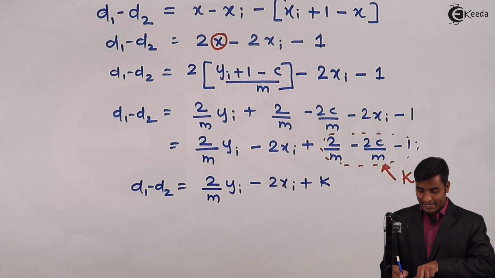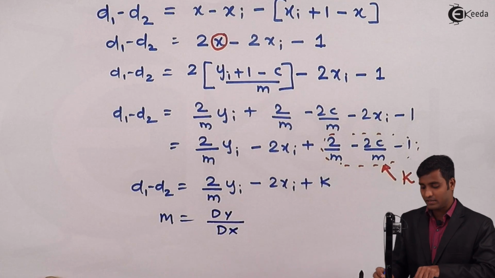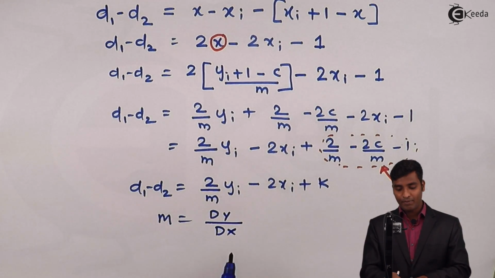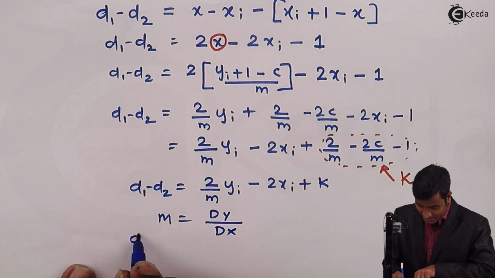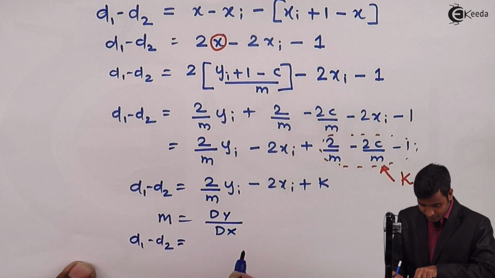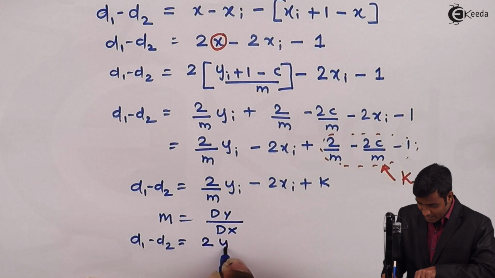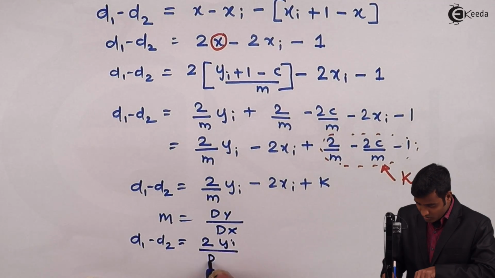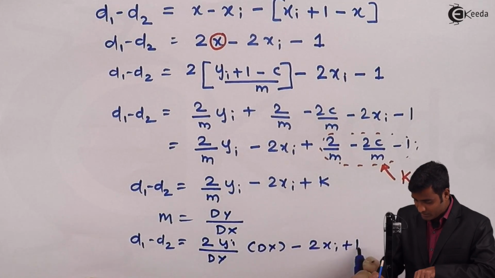But I know that m is equal to dy by dx. So in place of m, I will replace m with dy by dx. So I will get D1 minus D2 as 2 yi dx by dy minus 2xi plus k.